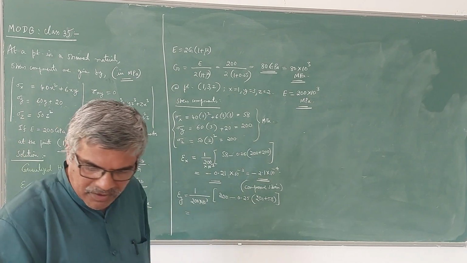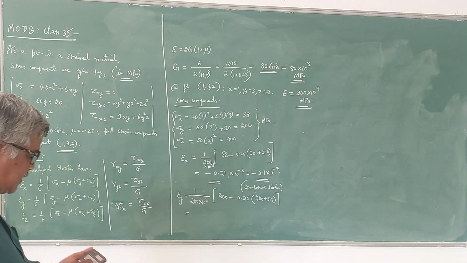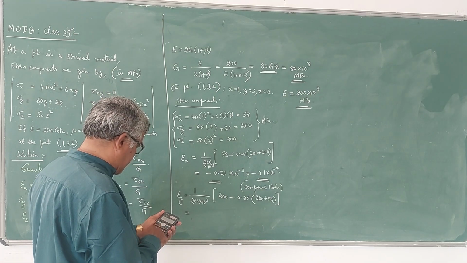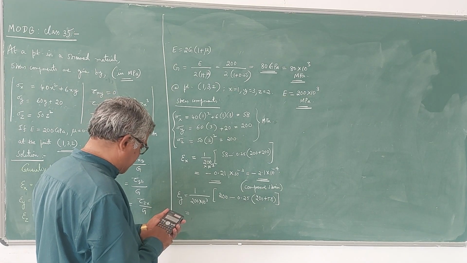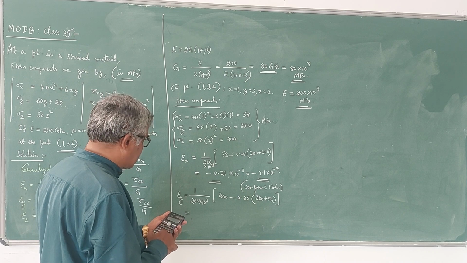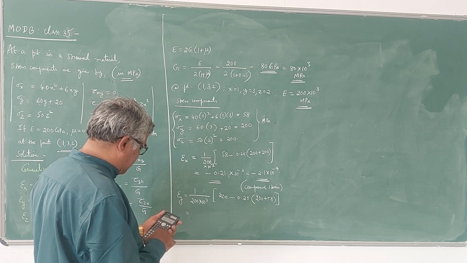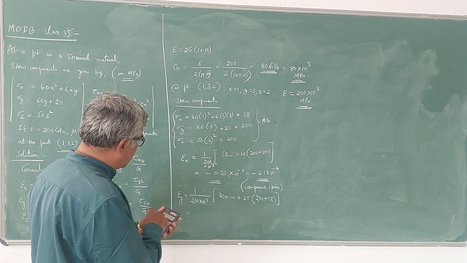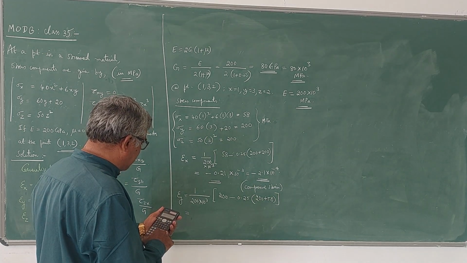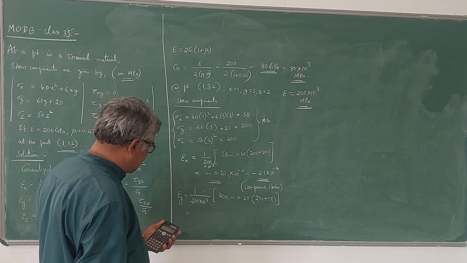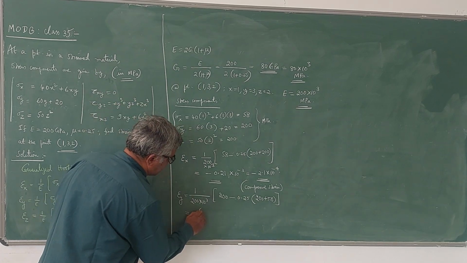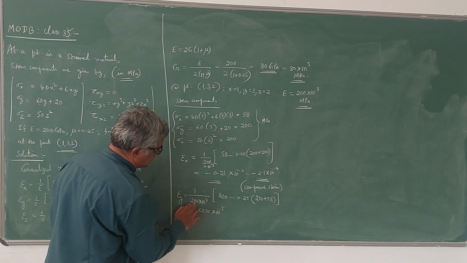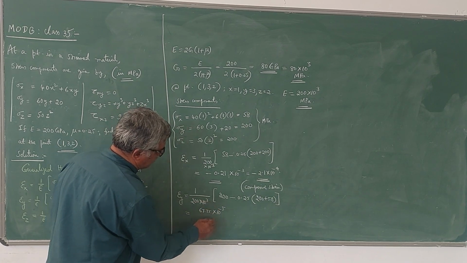So let me simplify this. 200 minus 0.25 multiplied by 258, divided by 2, I will take 2, so that it becomes 67.75. 67.75 into 10 power minus 5, because this is 10 power 2, 10 power minus 5.